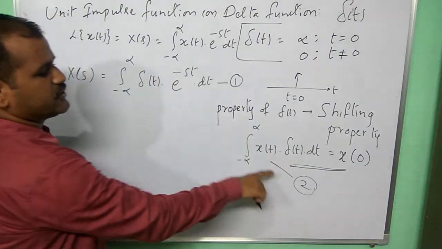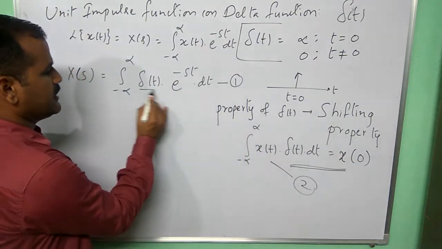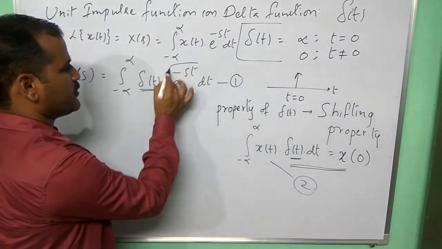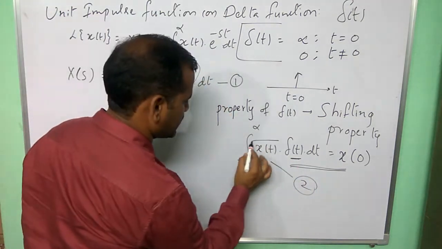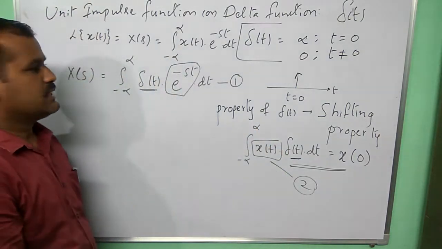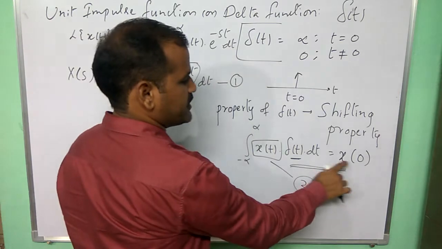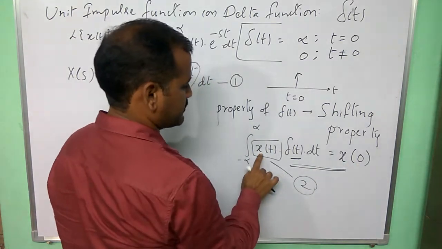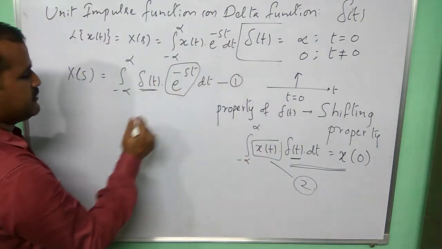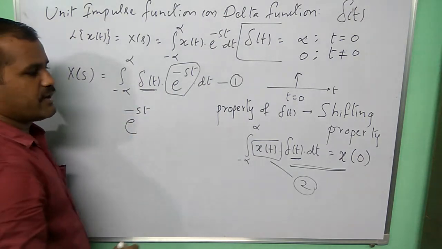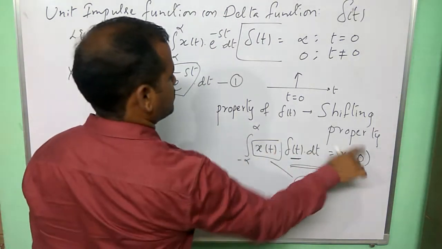After comparing these two equations, what we get is del of t common, and e to the power of minus st is nothing but x of t. That means what is the answer for this integral according to this property? It is x of 0, where here x of t is e to the power of minus st. So x of 0, t is replaced with 0 here.